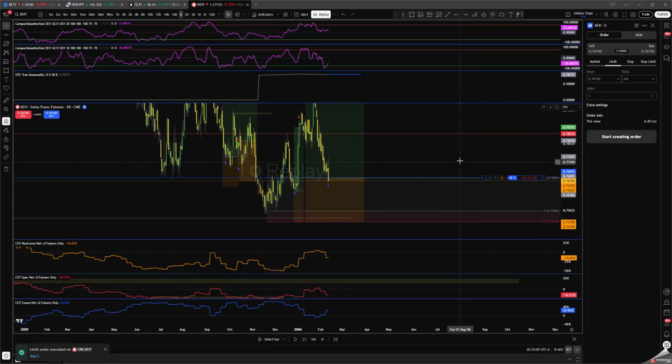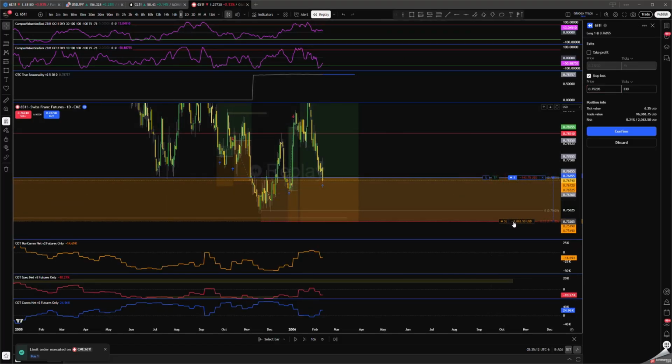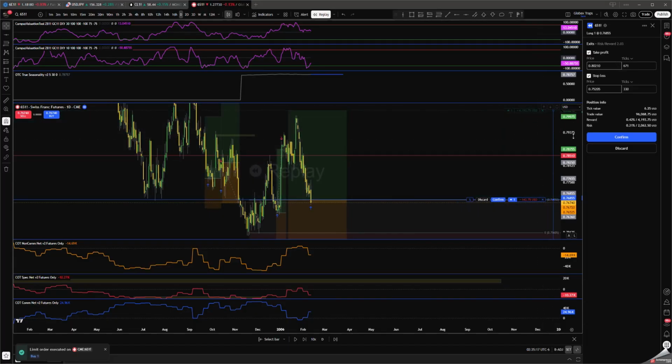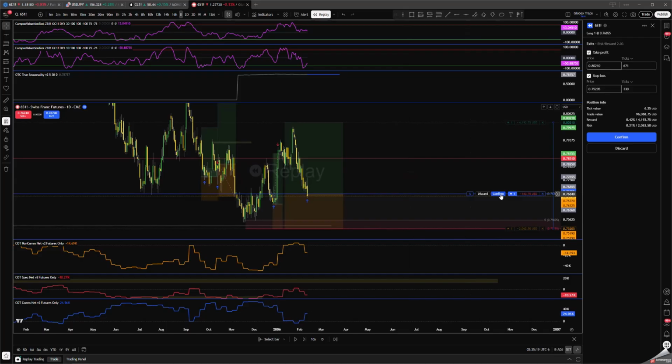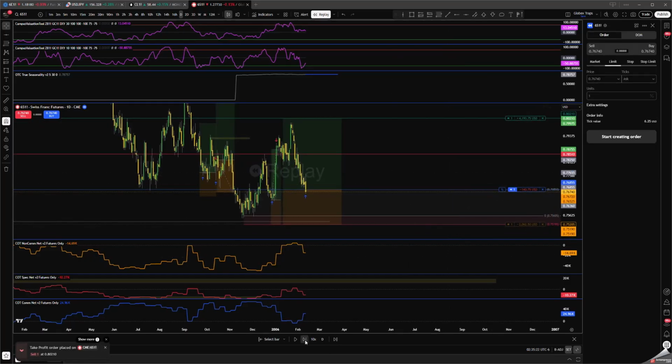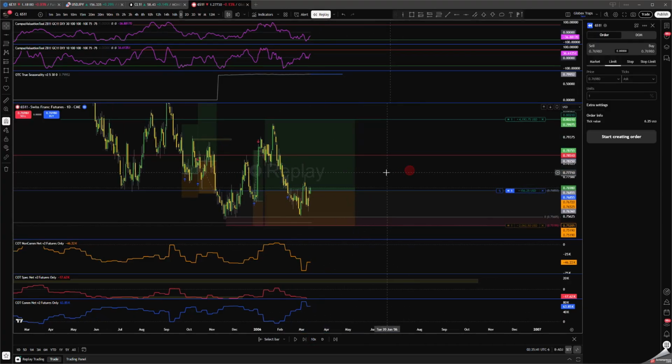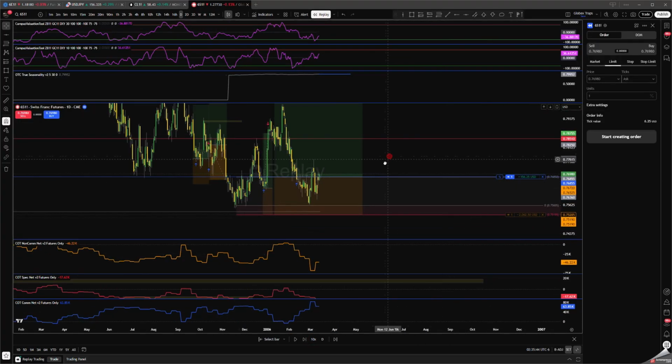Okay, we are filled. TP 1 to 2. Still, price is still meandering around in the zone. We took some heat.